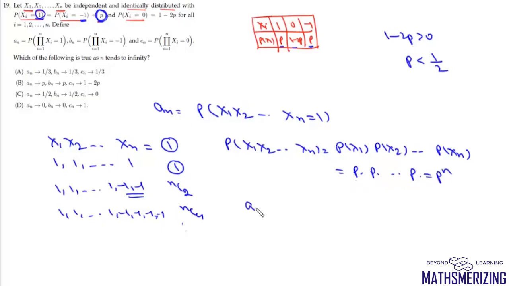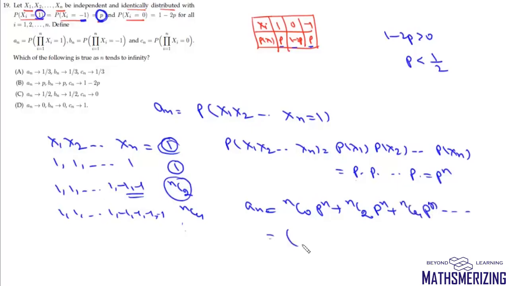So now we can write an. This first one is nC0 p to the power n, second one will be nC2 p to the power n, nC4 p to the power n. So we'll get this as nC0 plus nC2 plus nC4 and so on, into p to the power n.